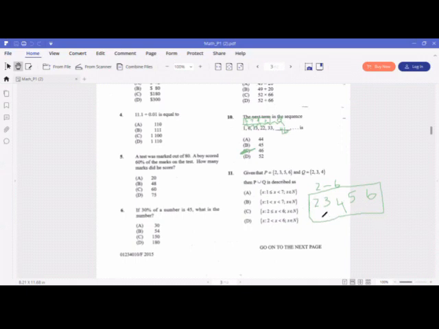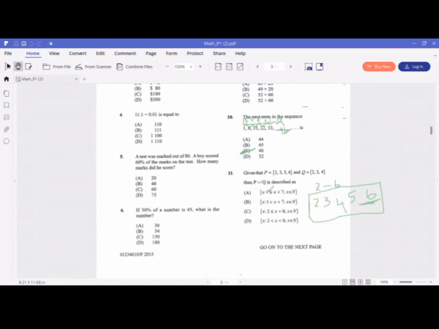Now to satisfy the union, it either starts at 2 and includes 2, so x is greater than or equal to 2, or if you're starting from 1, it has to be greater than 1. Now, you realize that it goes up to 6. So it can be less than or equal to 6, or it can be less than 7. Now, we need to find which solution satisfies all those conditions.